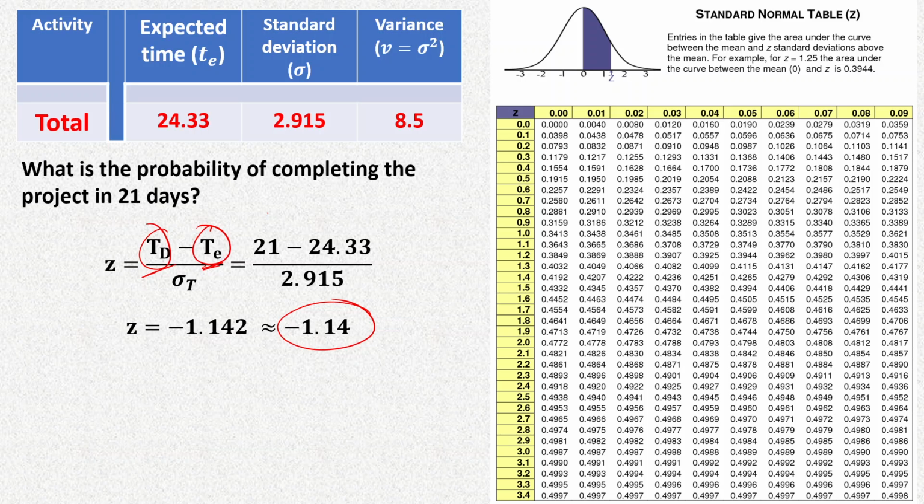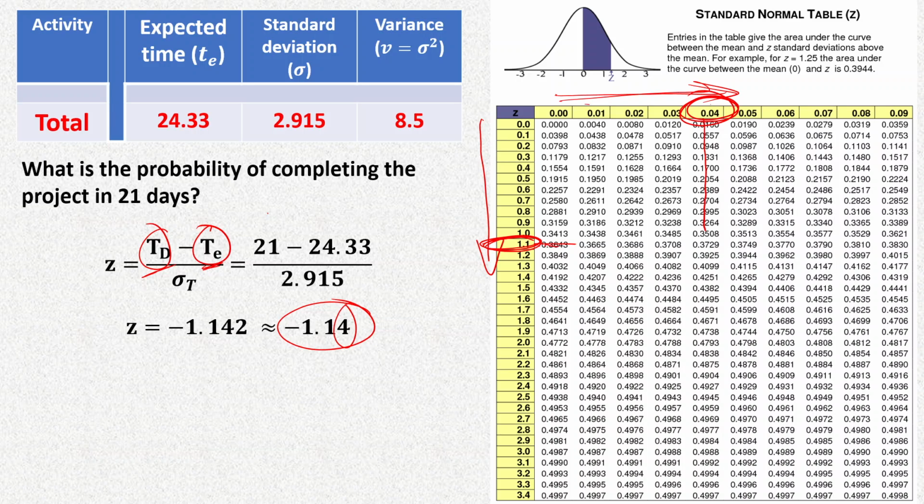And similarly, just like the previous problem, we'll go for 1.1 in this table and the rest, 0.04, in the horizontal direction. So 1.1 is here and 0.04 is here.